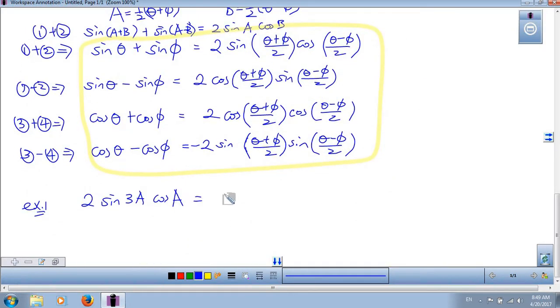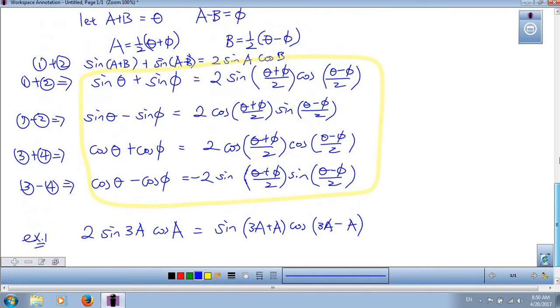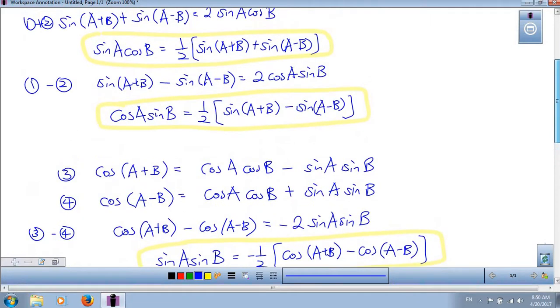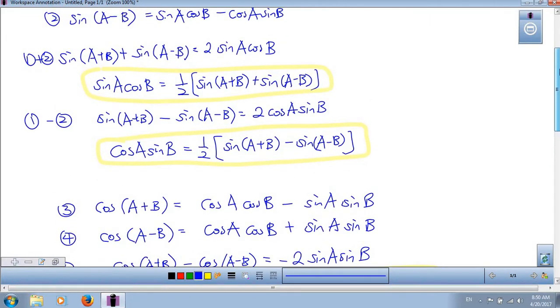So this is going to be equal to sine of 3a plus A, plus sine of 3a minus A, I'm thinking. Yep, that's right, that's sine A minus B. I keep going back to the equation here.